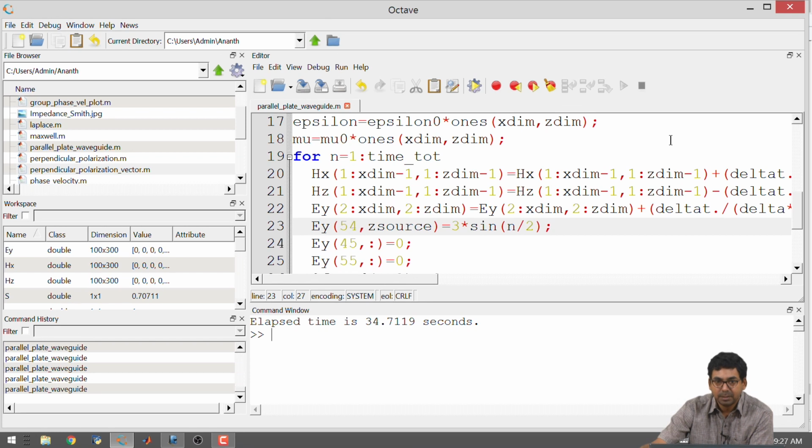There will be some beating between them. There is no direct way to predict at which spatial location, at which instant of time, you will have which field pattern. You are having more than one mode, and they are beating with each other at different instants.